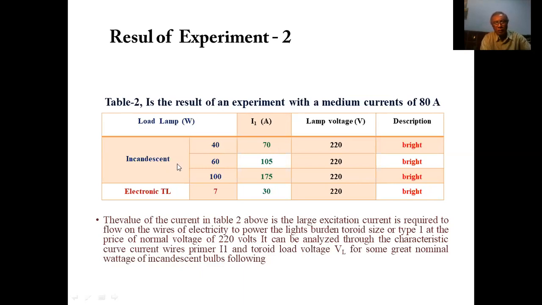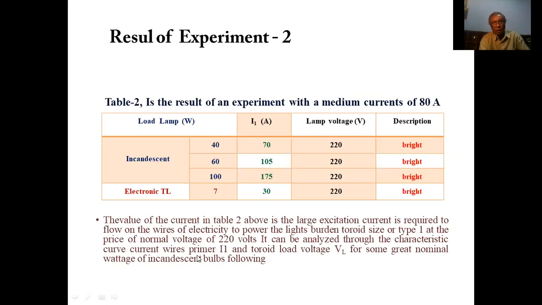For the incandescent lamp 60 watts, the current flow in the power line is 105 ampere, and for the incandescent lamp 100 watts, the current flow in the power line is 175 amperes. And for the electronic lamp 7 watt, the current flow in the power line is 30 amperes.